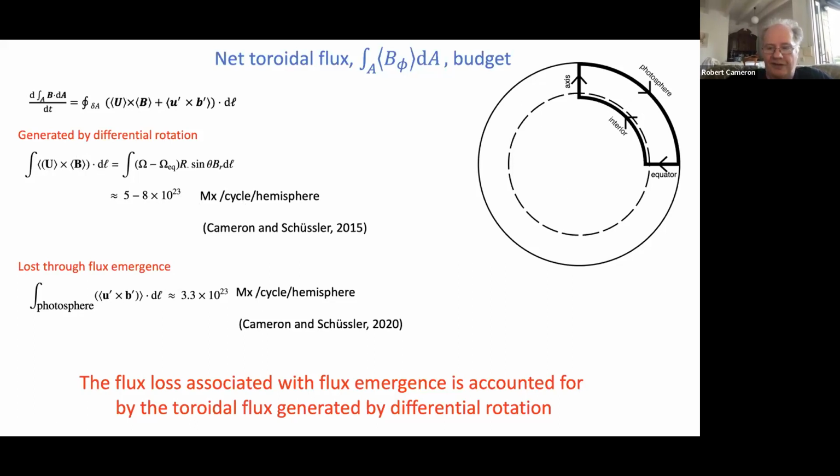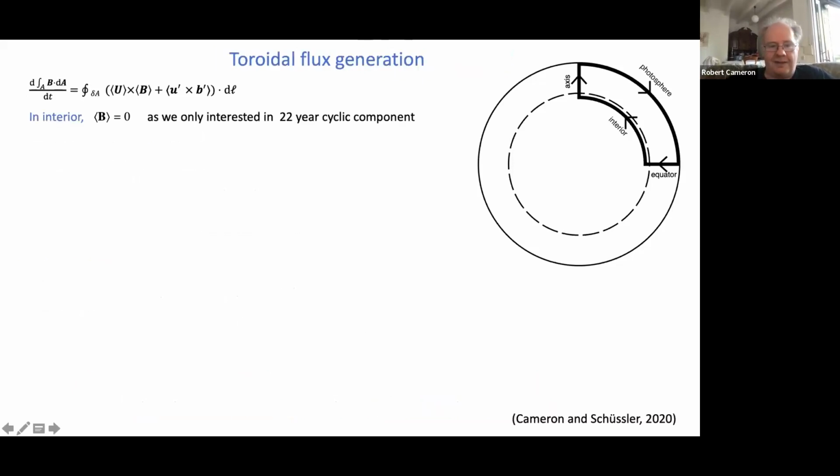The amount we lose through the surface due to flux emergence is going to be of a similar order of magnitude, about 3.3, 3.55 times 10 to the 23 Maxwells per cycle per hemisphere. What this will show is that the flux which emerges is accounted for by the toroidal flux being wound up by differential rotation to produce toroidal field.